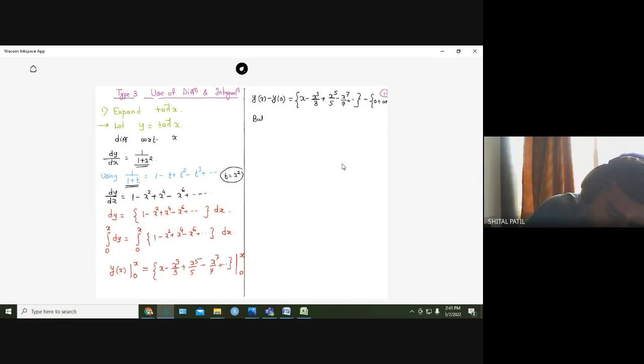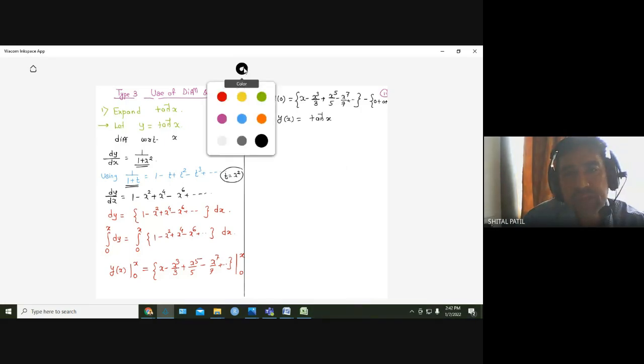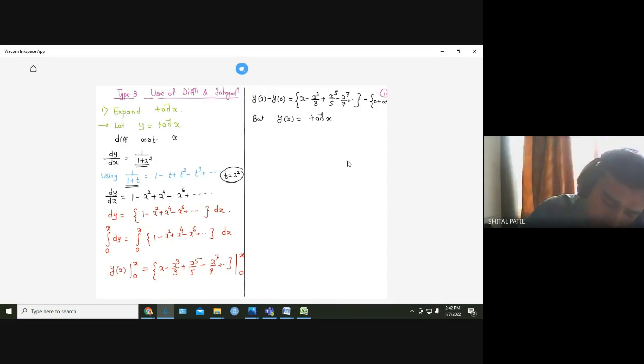But y of x equal to tan inverse x. Whether I write y or y of x, one and the same only. Which implies y of 0 is tan inverse 0 equal to 0.